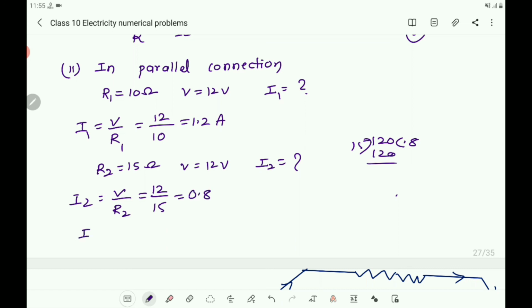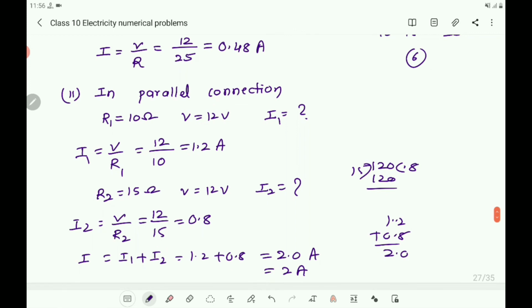Then I equals I1 plus I2, that is 1.2 plus 0.8, you will get 2.0. So it is 2 amperes of current.